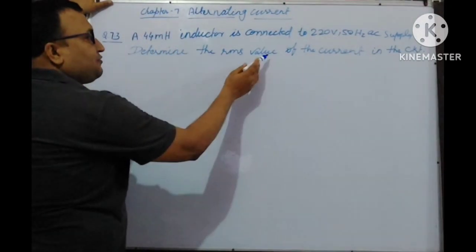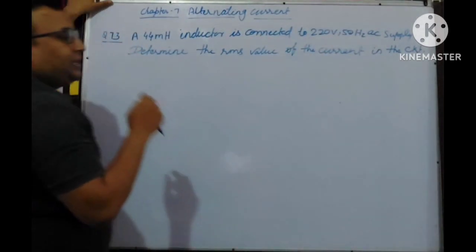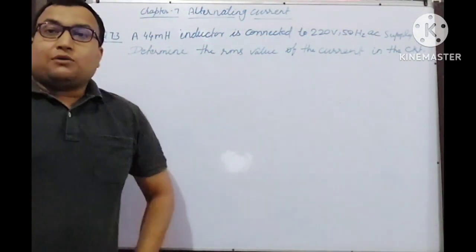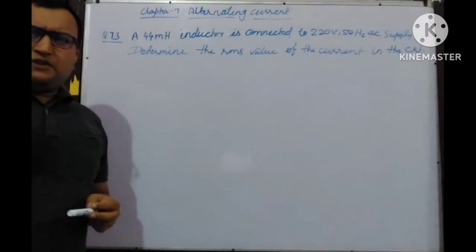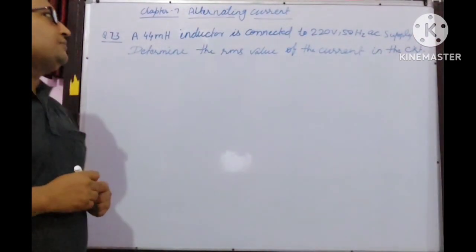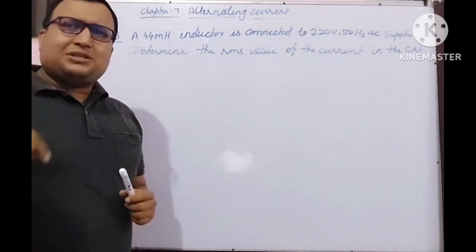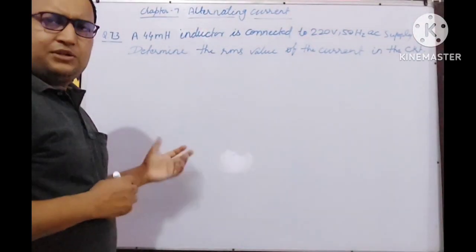Determine the RMS value, okay, of the current in a circuit. Asking that what is the RMS value, means of what the RMS value of the current. So it's a very easier to solve this question. Why I am saying that it is a very easier? A small concept is there that I will explain you. But why I am saying that? It is also a formula based question.